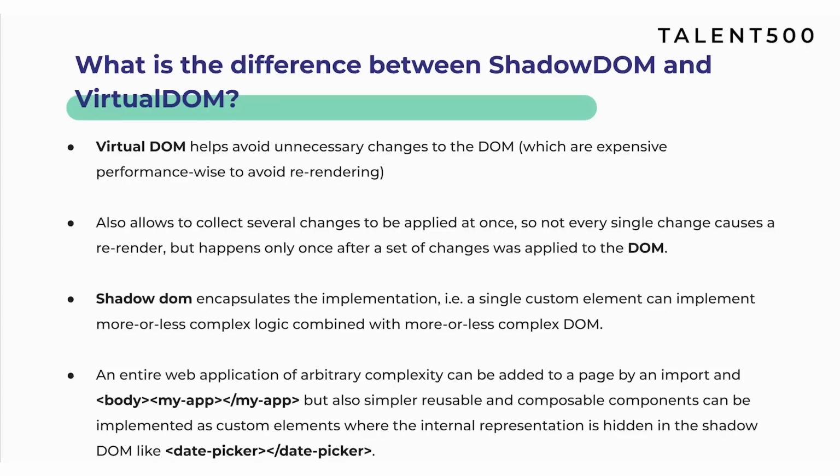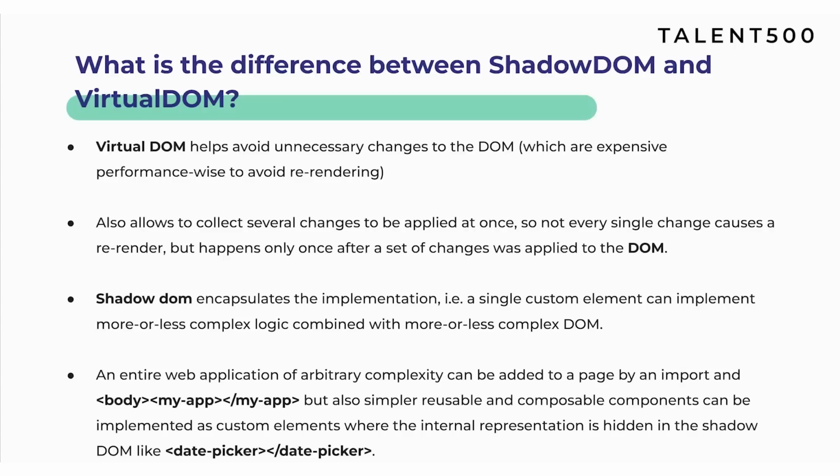So then comes ShadowDOM, which basically encapsulates the implementation. That is, a single custom element can implement more or less complex logic combined with more or less complex DOMs. So multiple complex DOMs can be combined to create some complex logic. For instance, you can take an entire web application of arbitrary complexity that can be added to a page by just a single import, as you can see in the syntax here.